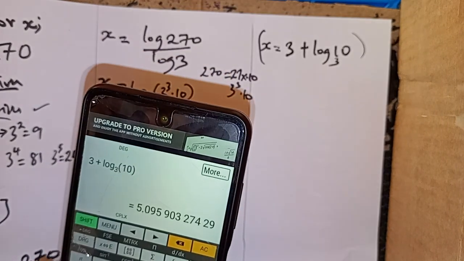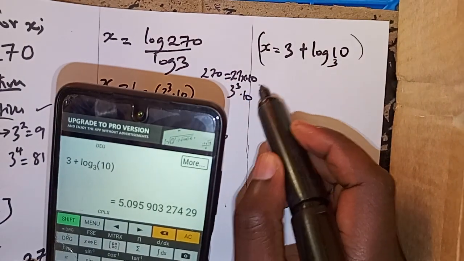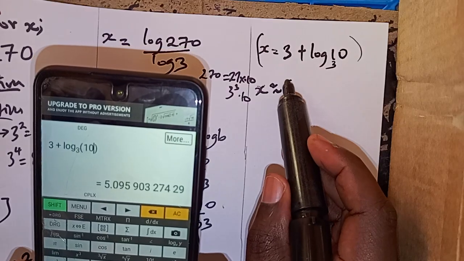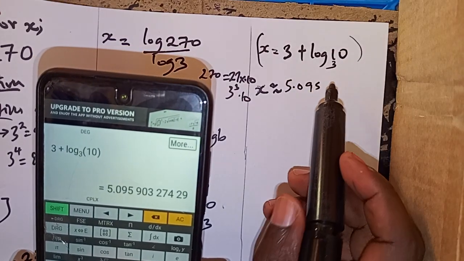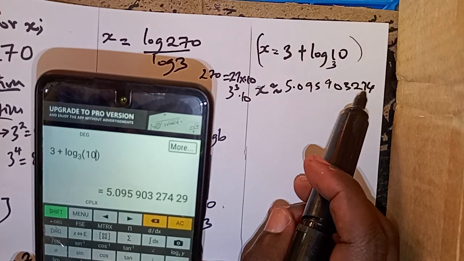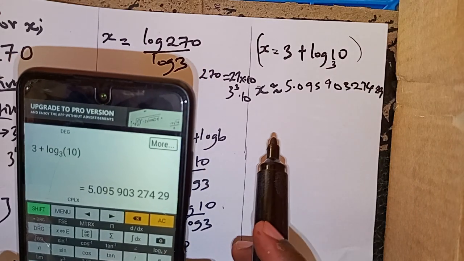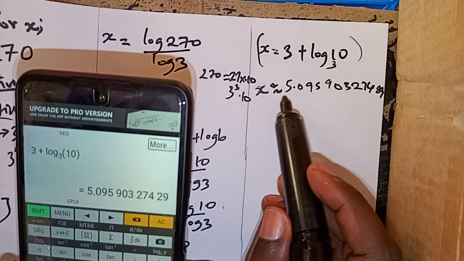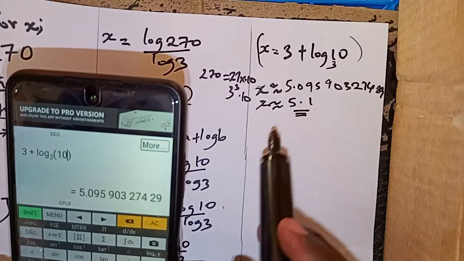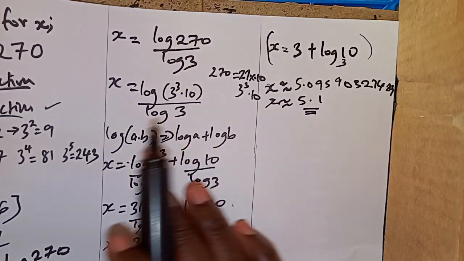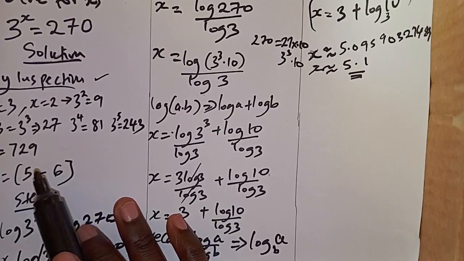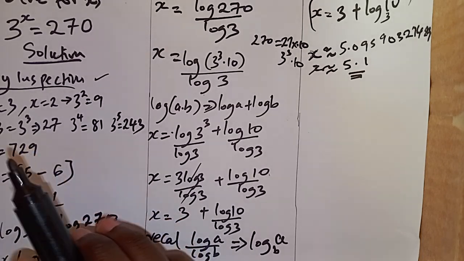This simplifies to x, in numerical terms, approximately equal to 5.095903274 and then 29, which is approximately 5.1. This goes in line with our prediction, which said that the value of x lies between 5 and 6.